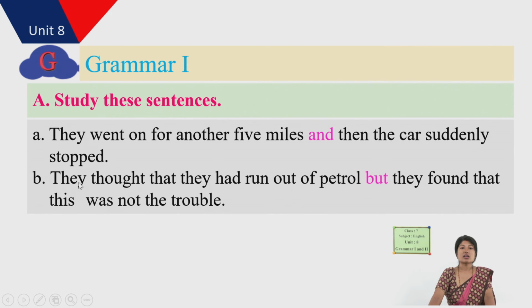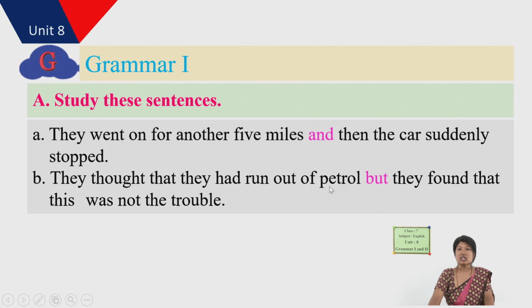B. They thought that they had run out of petrol, but they found that this was not the trouble. We have discussed this before as well in the text. They thought something but found something other.